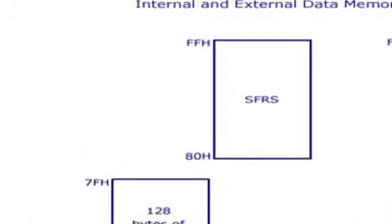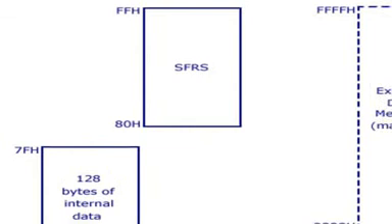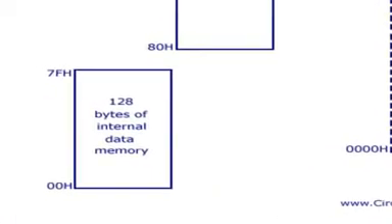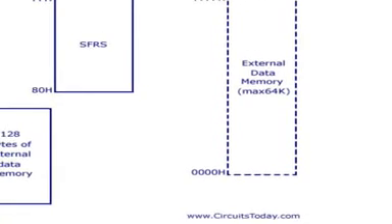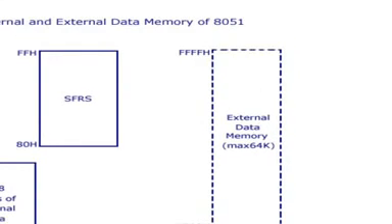Next, from 80H to FFH you have special function registers, we'll talk about that later. We'll first see this internal RAM. For external, it is 64 kilobytes, so you require 16 bits for the address, starting at 0000H and ending at FFFFH.